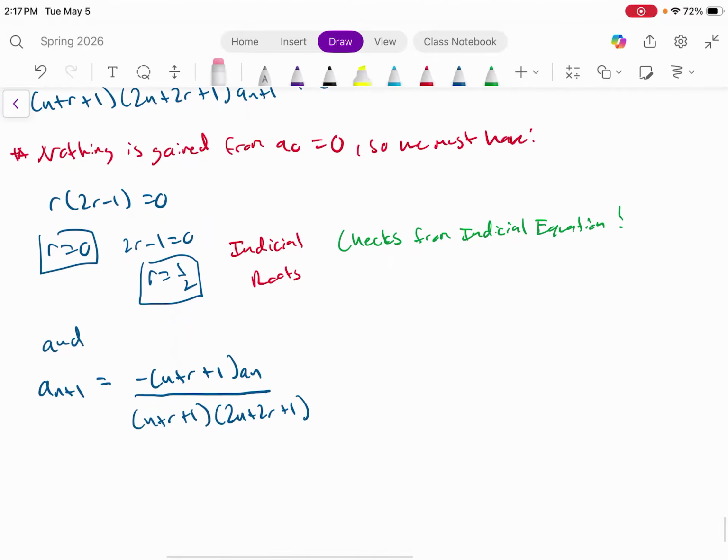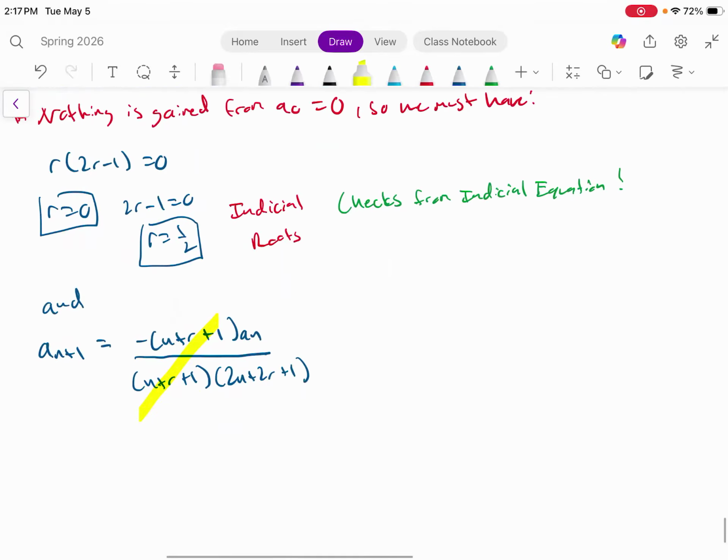Okay, so what cancels out here? The n plus r plus 1. That's great. So my recurrence relation is an plus 1 equals negative an all over 2n plus 2r plus 1.